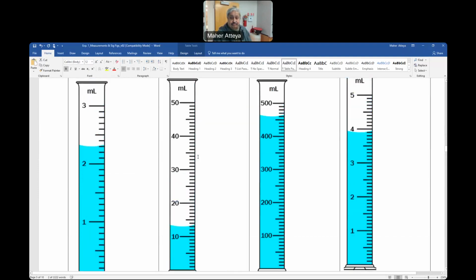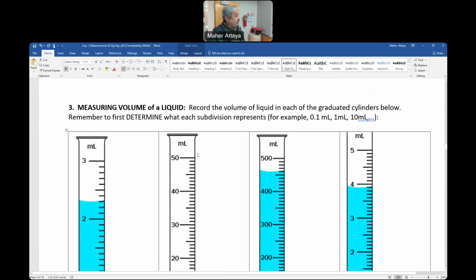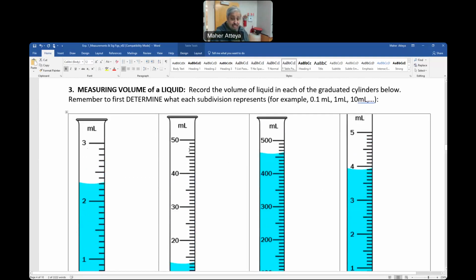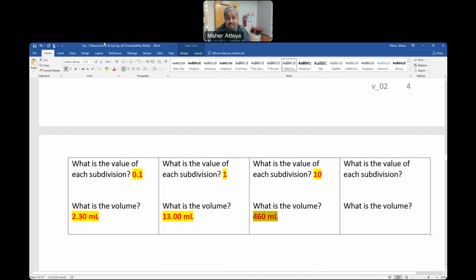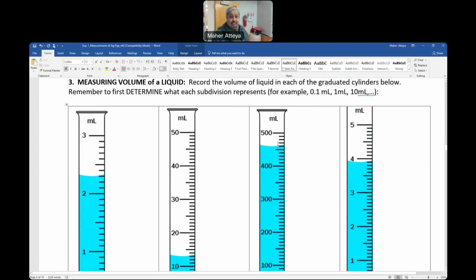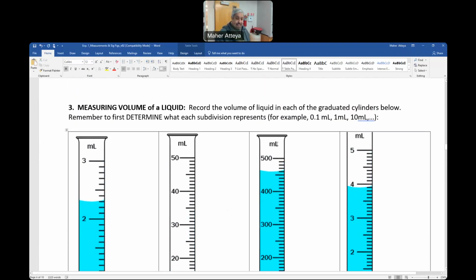Okay, last one. So how much was the subdivision? It's point what? 0.1, correct? Not 1. 0.1, those subscales. I can just copy and paste this one here, easier. It is basically 0.1. What is the volume in the last graduated cylinder? 3 point what?